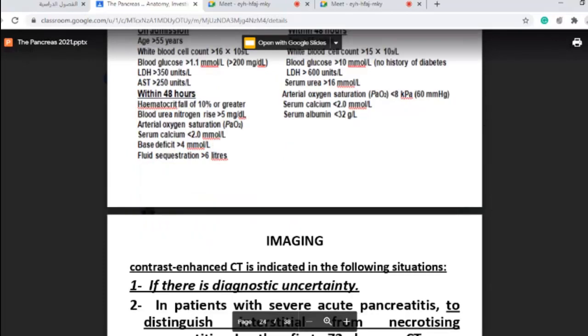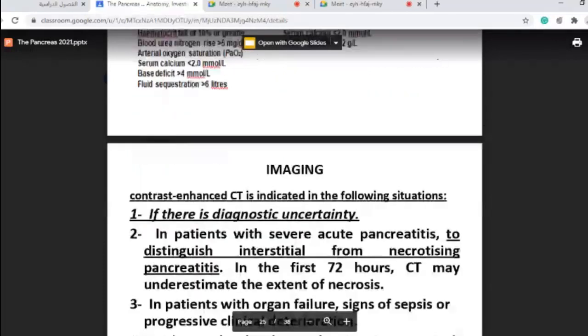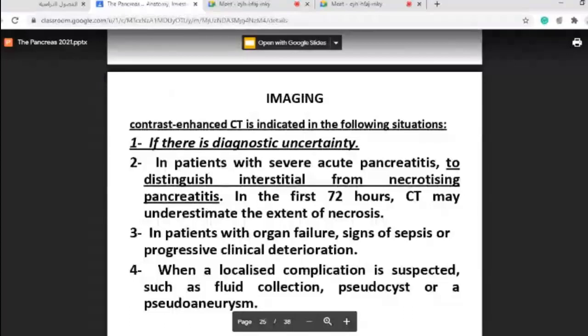And for the investigation imaging of the patient with CT scan, contrast enhanced CT scan is indicated in the following situation. Number one, if there is diagnostic uncertainty, if we have a suspicion or doubt of pancreatitis, the patient may have pancreatitis, but also there are other differential diagnoses.